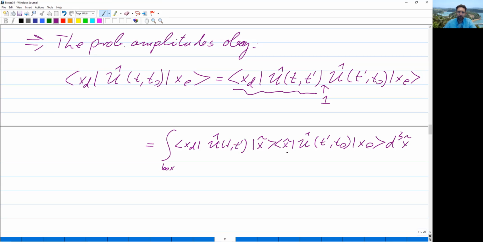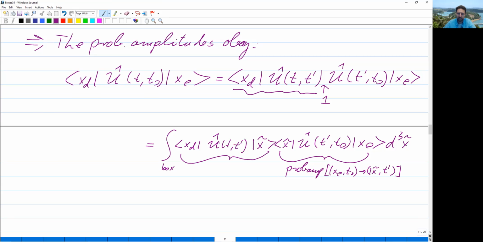Now, you see, this is a probability amplitude, and that is a probability amplitude, right? This is the probability amplitude for the particle to travel from the emission point at time t naught to the intermediate point x tilde at the intermediate time t prime.